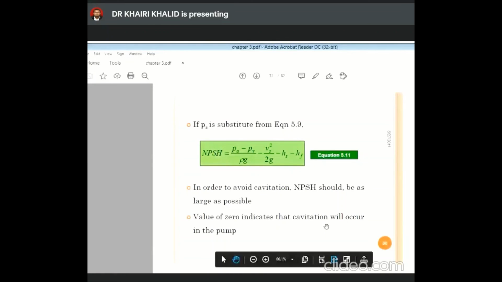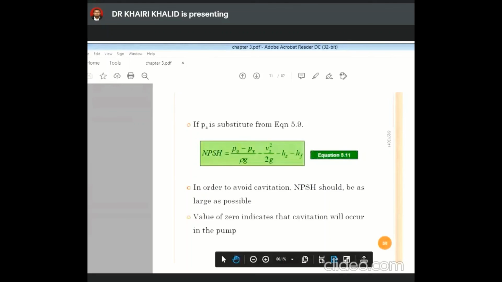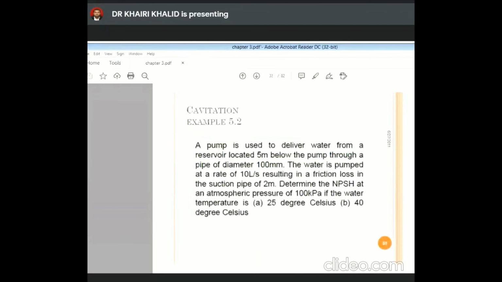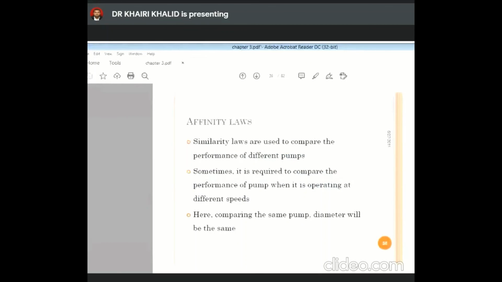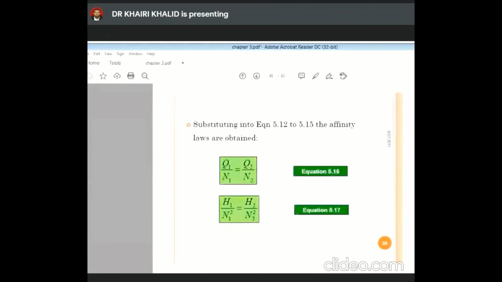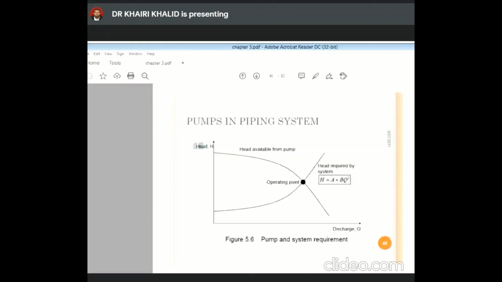So I think I want to cover up to this. The example we will discuss in the next class. We will finish this one first before we go to turbines. But the most important part when we talk about your tests and so on, the most critical cavitation part, is what we discuss on this.